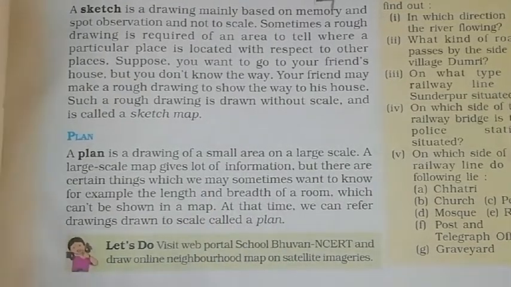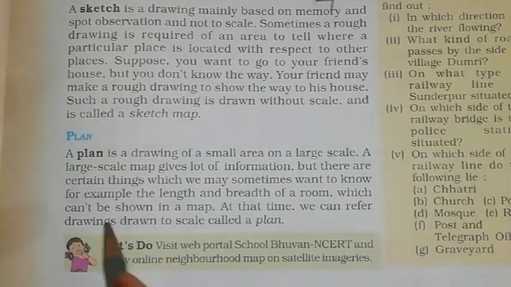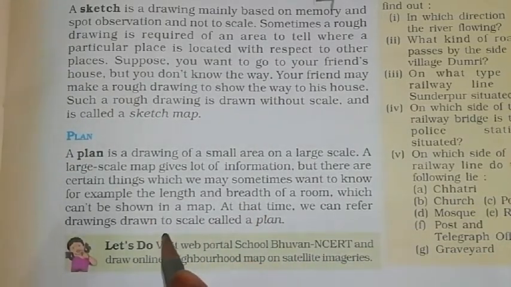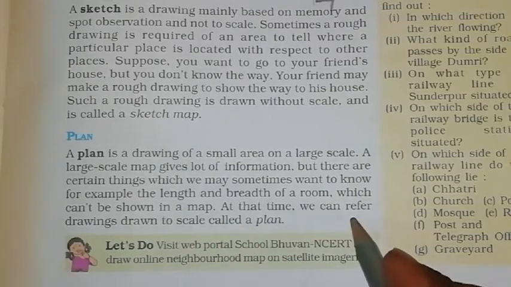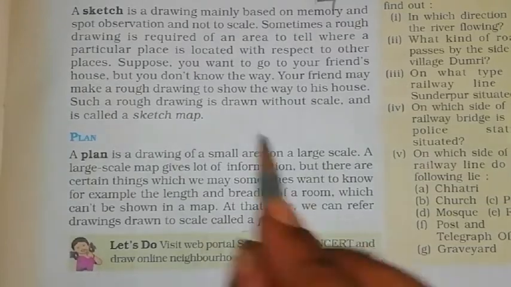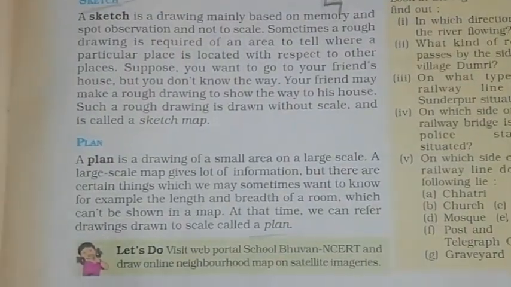A map will describe the actual distance of your house, but it cannot describe the actual length and breadth of your room. So at that time we refer to the drawings drawn to a scale, called a plan. A plan is drawn with the help of a scale, and a sketch is drawn without the help of a scale.